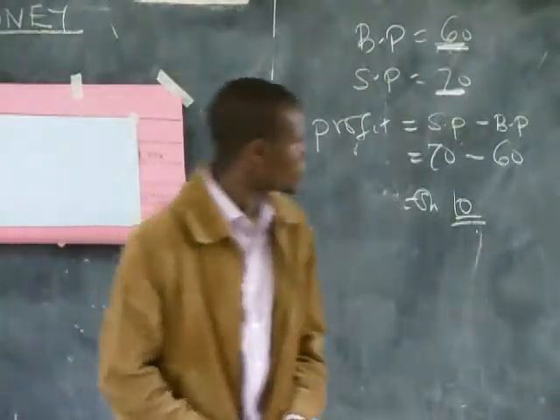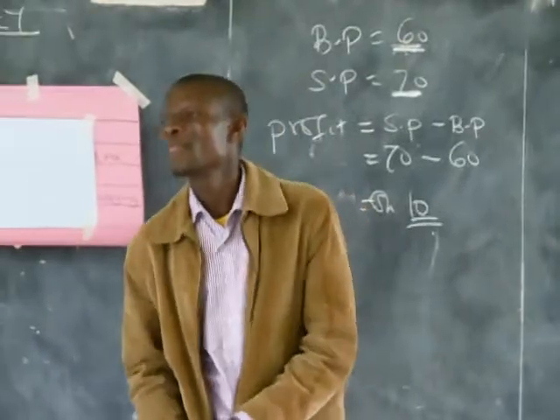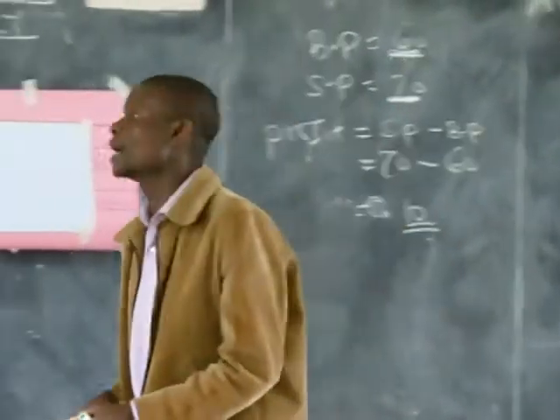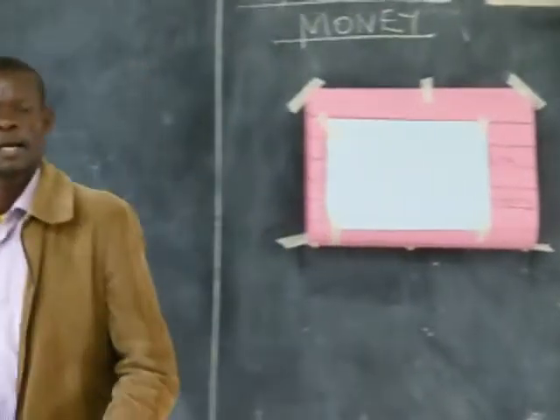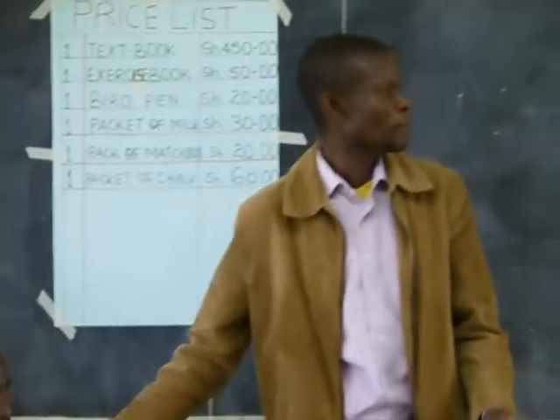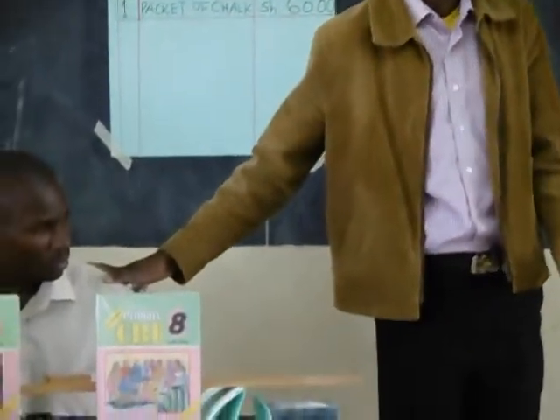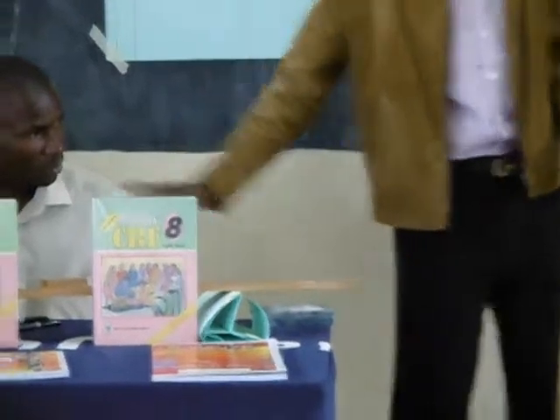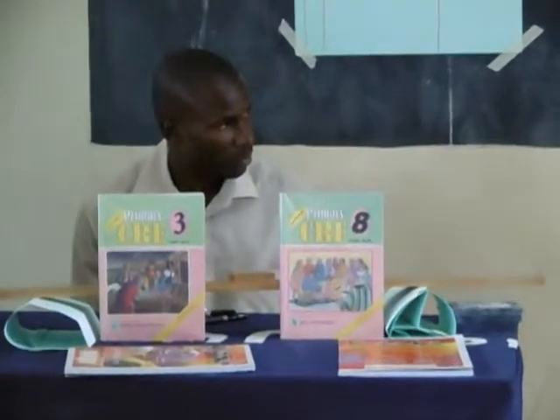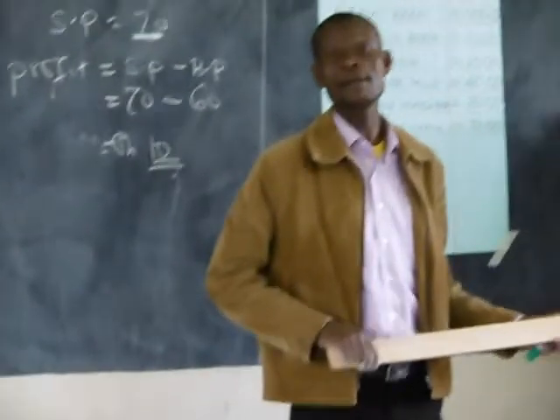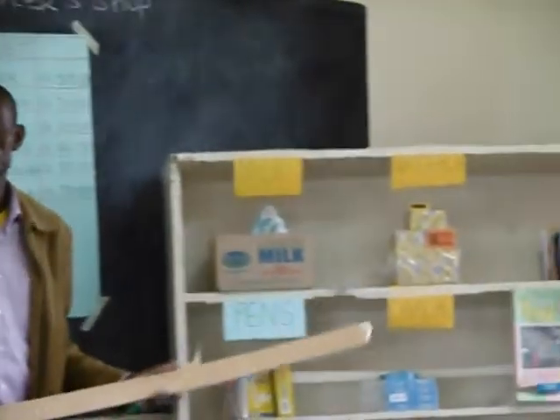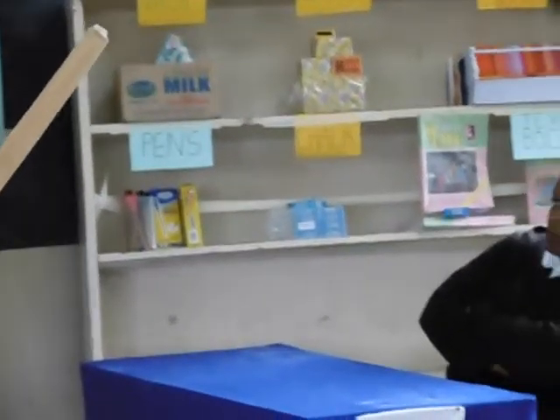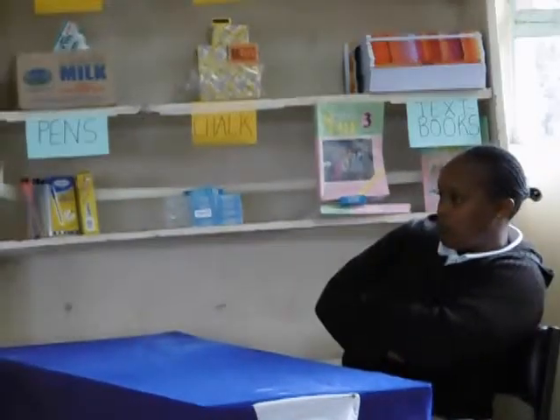At this particular time, I will allow the retailer to go and buy some of the goods from the wholesaler who is based at this side. If you look at the wholesaler, he has so many items to be sold that my retailer will come and buy from him. So let's see what's going to take place.